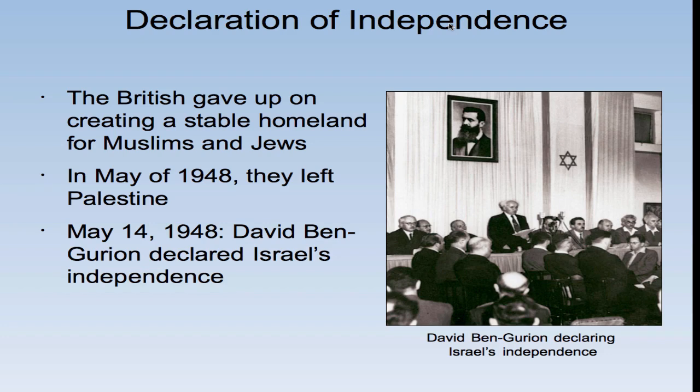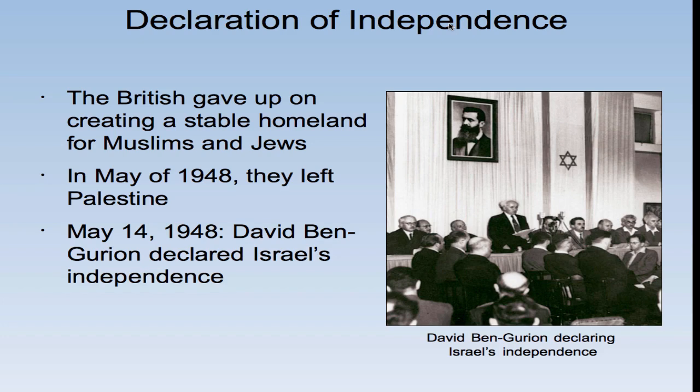In the run-up to this, just a few brief bullet points: after 30 years of attempting to create a stable homeland for Muslims and Jews in Palestine, the British gave up on the task and washed their hands clean of the entire affair. In May of 1948, they packed up and left Palestine to solve its own problems.